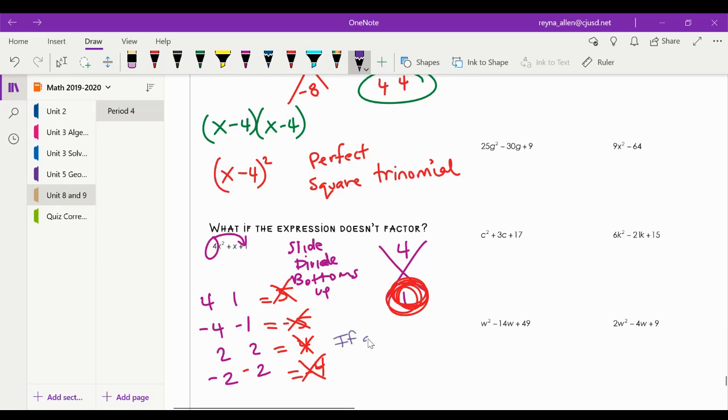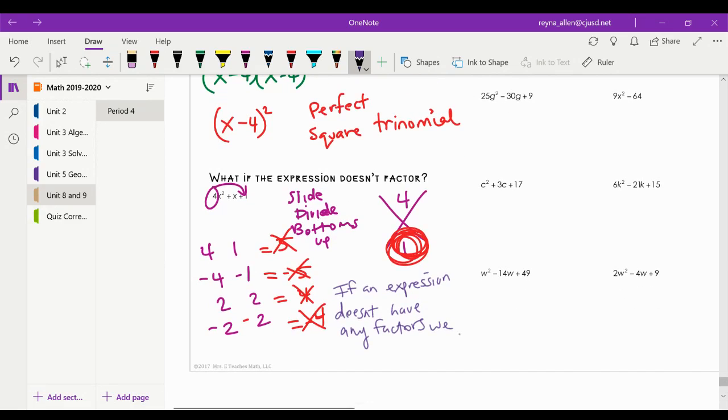So if an expression is non-factorable, we say it's prime. So that's the math term we use for non-factorable.